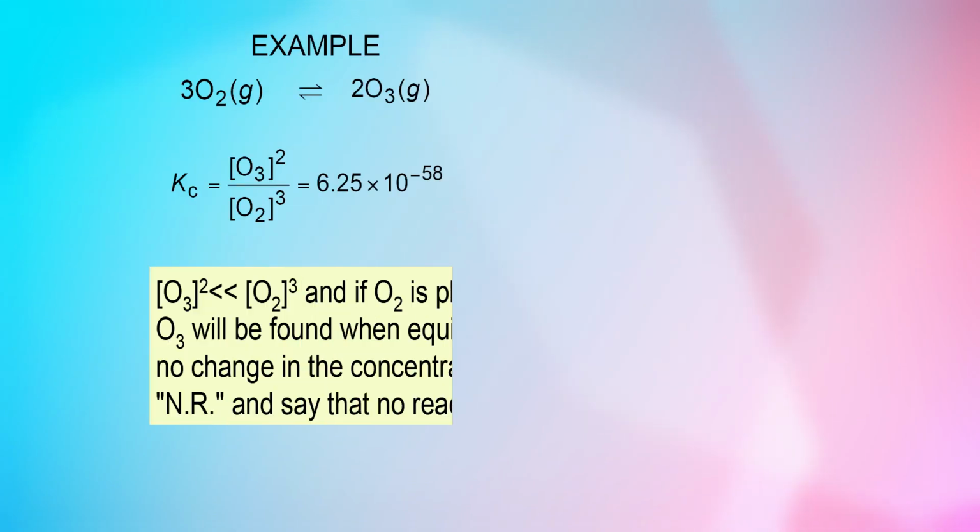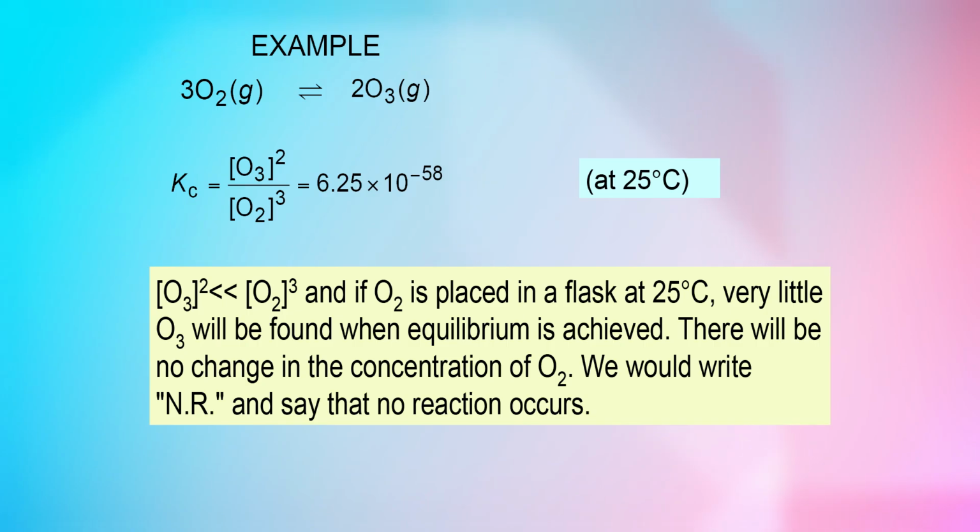Okay. So, you see this example, oxygen to ozone. The equilibrium constant you can write as this, where the products to the power of their stoichiometric coefficients are in the numerator, and in the denominator the reactants to the power of their stoichiometric coefficients.